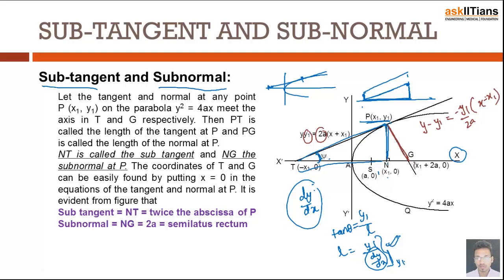From here if I put y equal to 0, I will get x as x1 plus 2a. When the standard equation of the parabola is used, clearly you can find this distance will be 2a, which is half of the length of the latus rectum, the length of the semi-latus rectum.